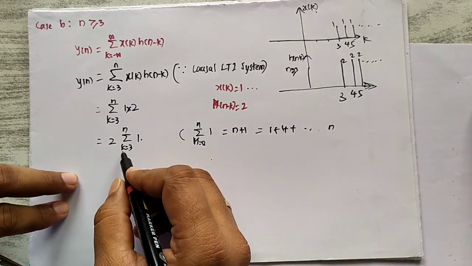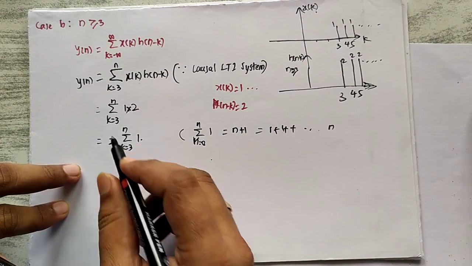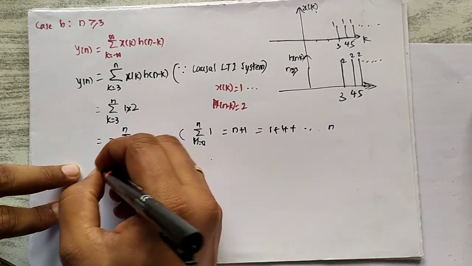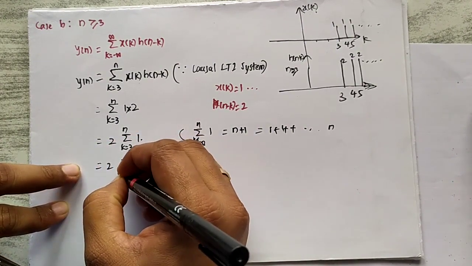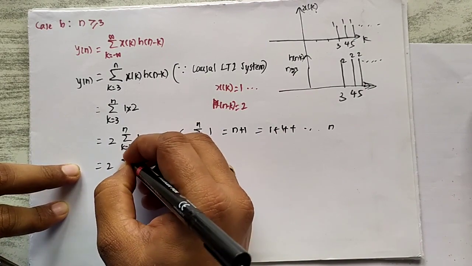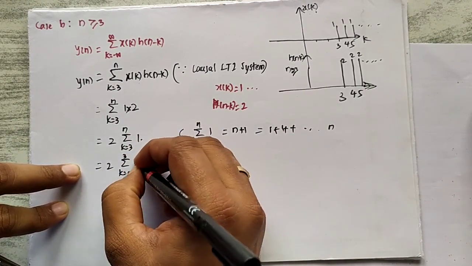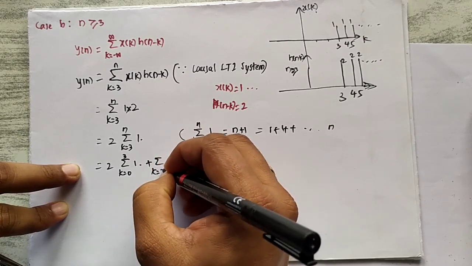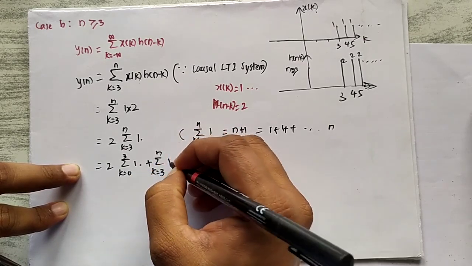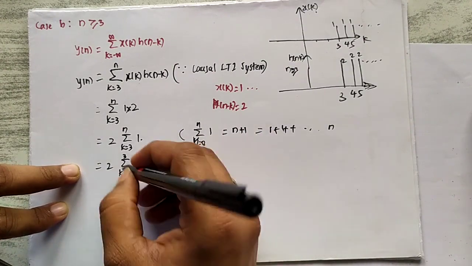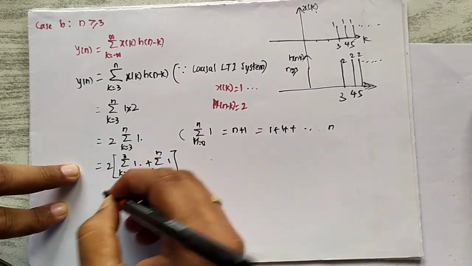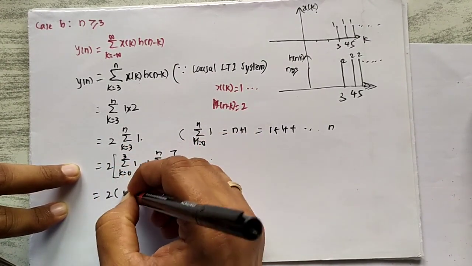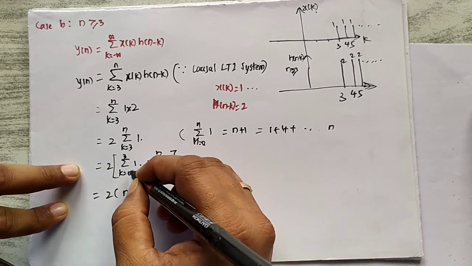But our expression is having 3 to n, so we can write it in two forms: summation k equal to 0 to 3 of 1 plus summation k equal to 3 to n of 1. So this could be 2 into n plus 1.